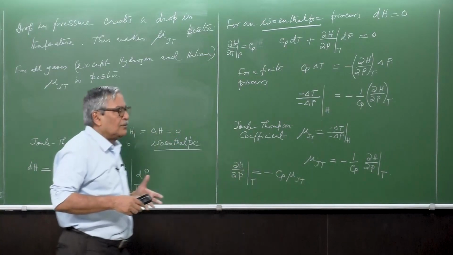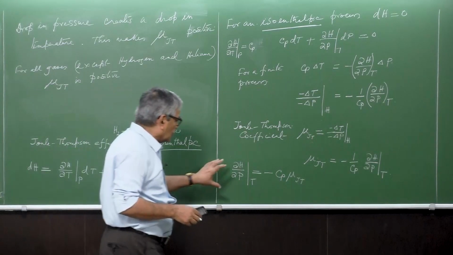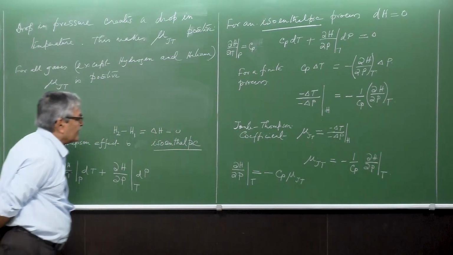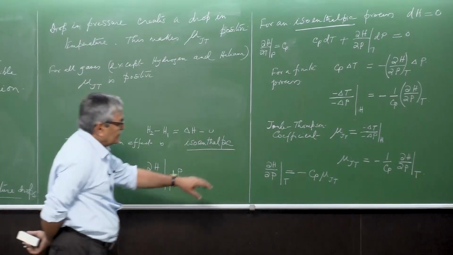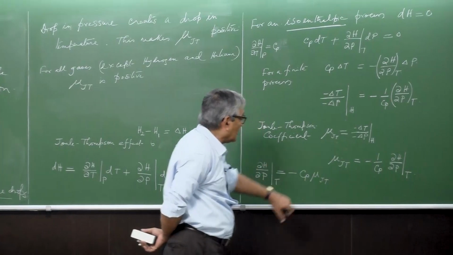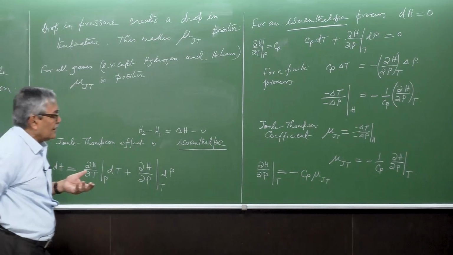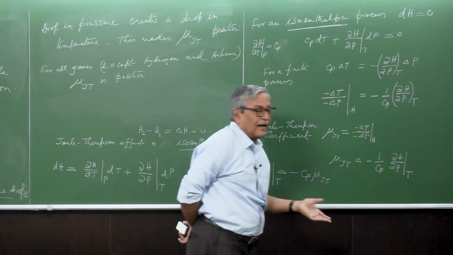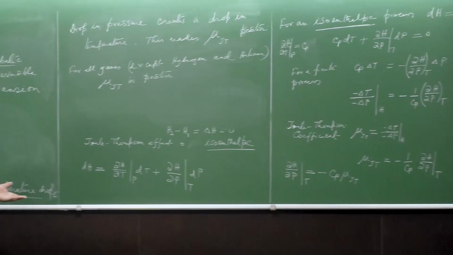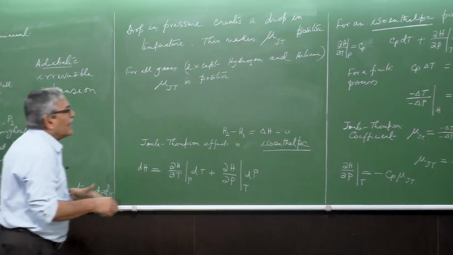Once we go over to the second law and its consequences, we will try to find out the actual expressions for del H del P from the other side, and that will give us a more complete expression for this Joule-Thomson coefficient, and we will find out the condition under which the Joule-Thomson coefficient is positive and when it is negative. That condition can be obtained thermodynamically once we go over to the second law, and for that we will wait for some time and move forward.